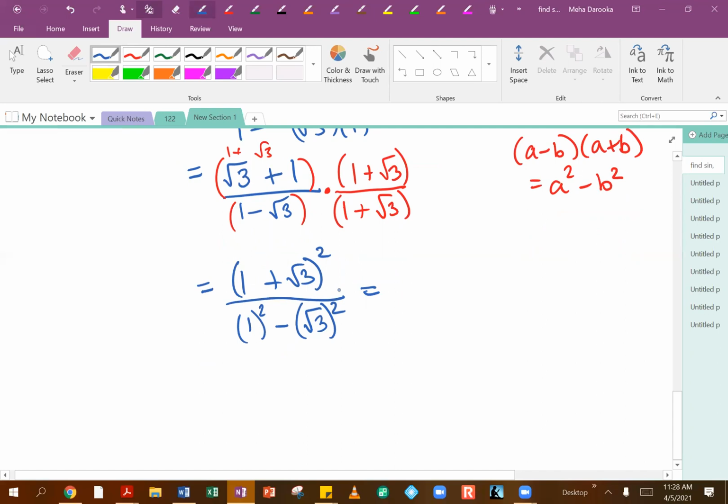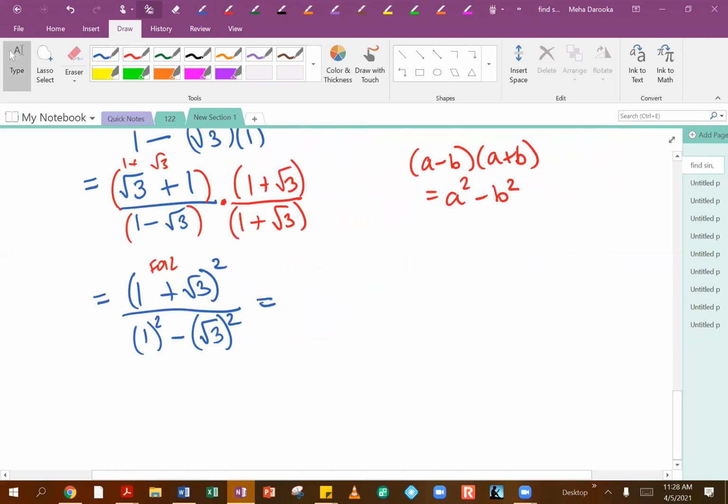So let's see what happens if we FOIL the numerator. We'll need to clean this up. So let's see, when we try to FOIL it, what will we have? 1 plus square root of 3 multiplied into itself.